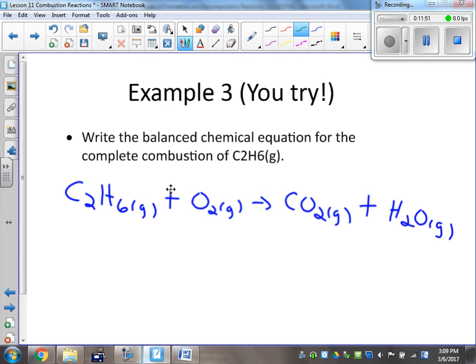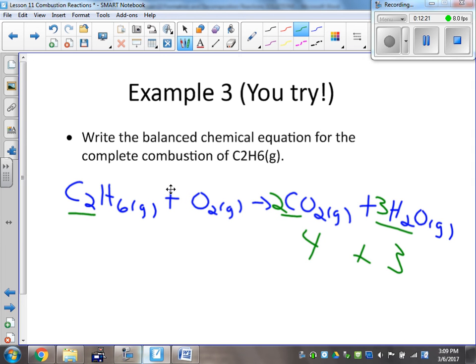Then, once at least you have that, guys, then it's just a matter of balancing chemical equations, right? Making sure you got the same number on both sides. 2 carbons, 2 carbons. Okay? 6 hydrogens. 6 hydrogens. So 3 times 2 is 6 hydrogens. Yes? Now, we're going to run into the same issue here. 4 oxygens and 3 more is 7 oxygens.